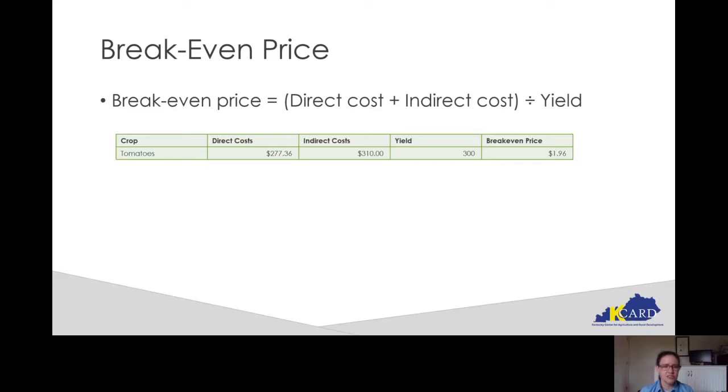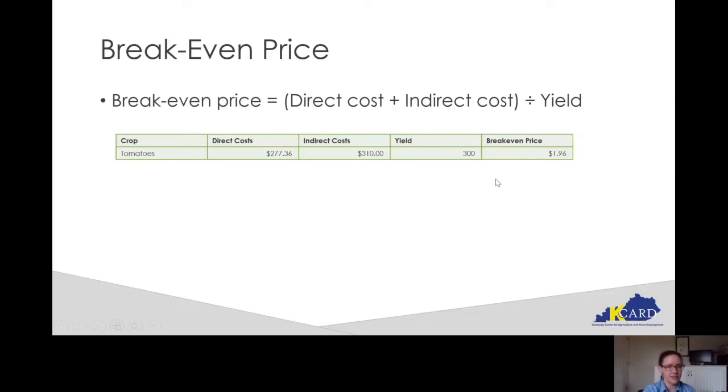So your direct plus your indirect cost is going to be around $587.36. Divide that by 300 and you get $1.96 per pound, which is your minimum needed to be able to break even on these tomatoes.